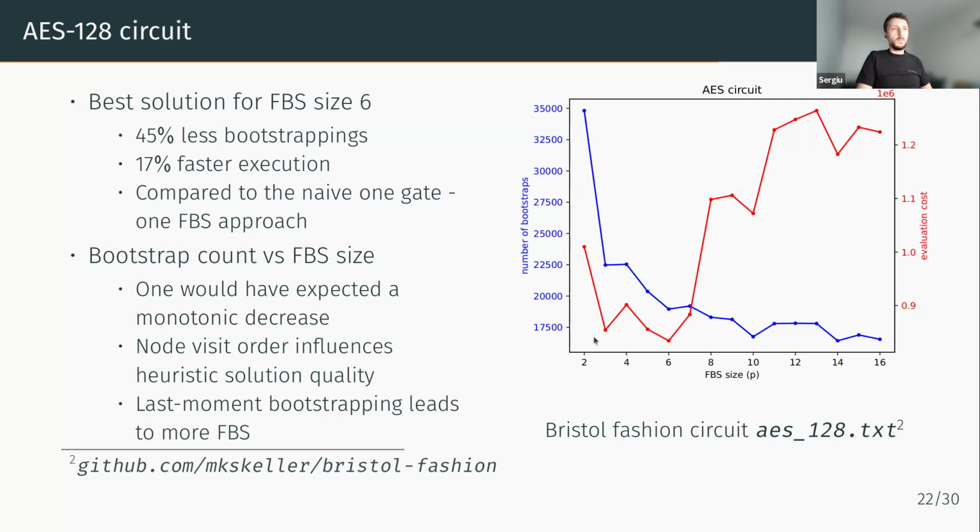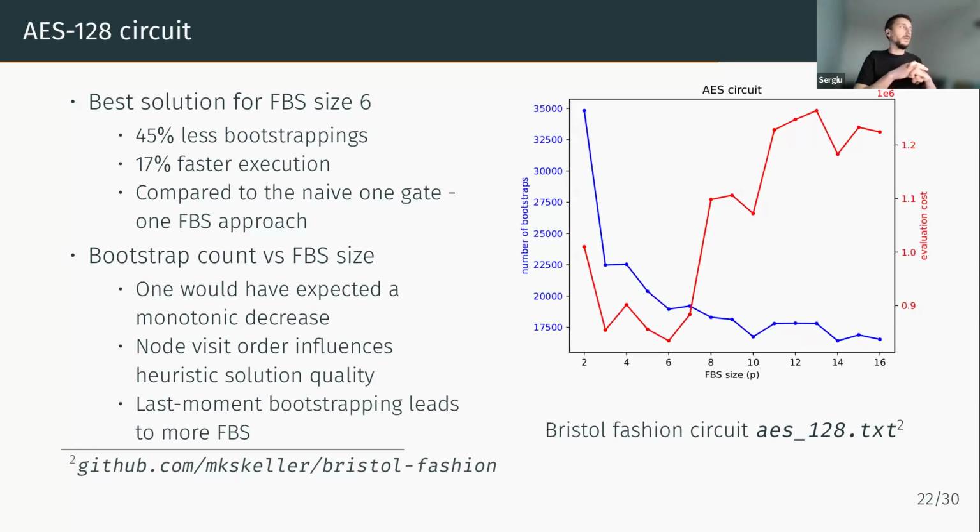A thing we have observed is that the number of bootstrappings does not decrease monotonically with the increase of functional bootstrapping size. This is due to the fact that our heuristic is greedy, and it is counterintuitive, but when the functional bootstrapping size increases, the gates will be bootstrapped later in the process of execution. So this will potentially result in more bootstrapped gates.